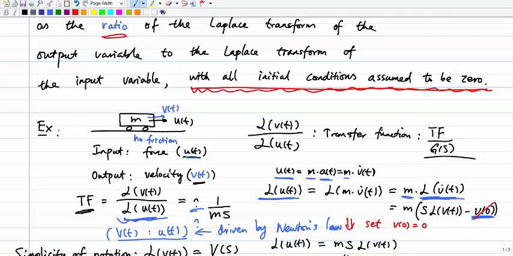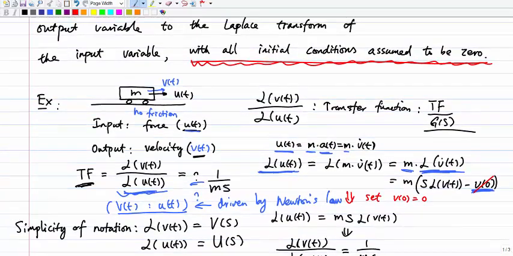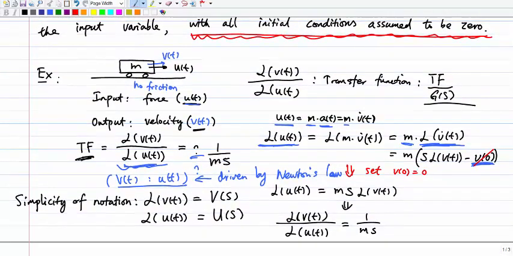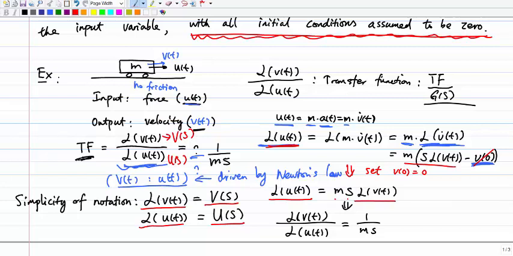Now I can simplify with notation: L of v(t) is V(s), and L of u(t) is U(s). Since the initial term is 0, L of u(t) equals m s times L of v(t).